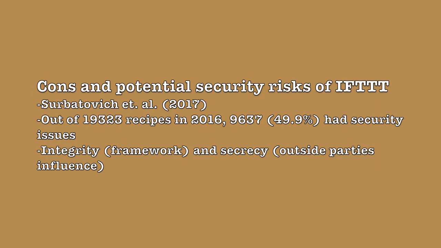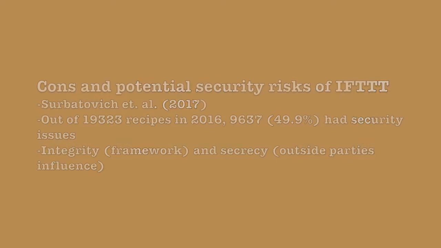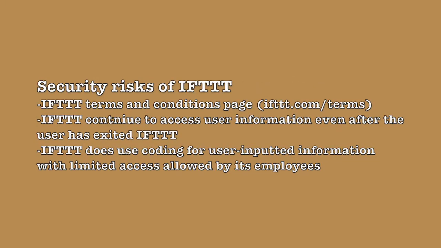The paper goes on to analyze that of the near 20,000 different applet recipes on IFT during 2016, just under 50% had potential integrity, unknown sources which influence information from trusted sources, or secrecy, outside parties gaining access to the user, issues.